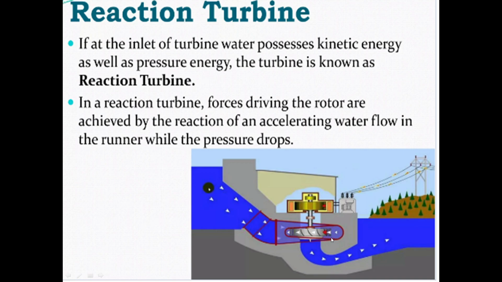Here 2 chambers will be there in reaction turbines, the outer chamber and the inner chamber. So water will enter the outer chamber and then enter into the inner chamber. And because of the pressure difference between the outer chamber and the inner chamber, the turbine rotates. That's why it is called a reaction turbine.